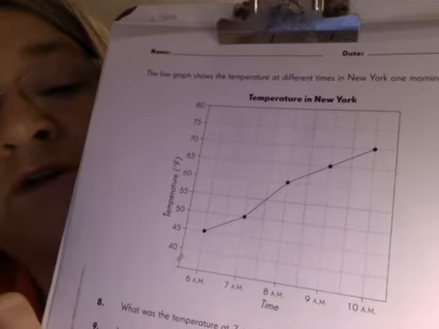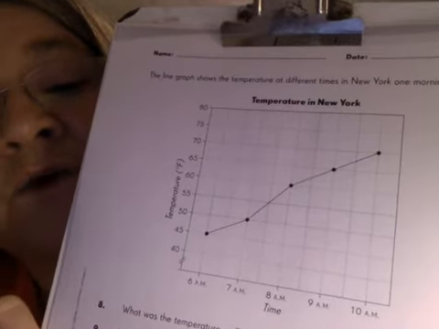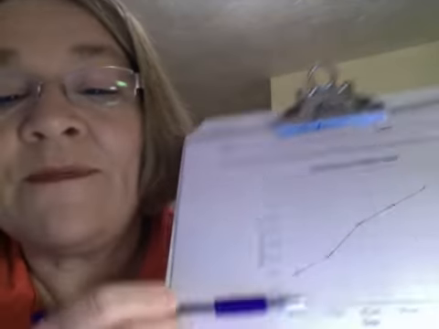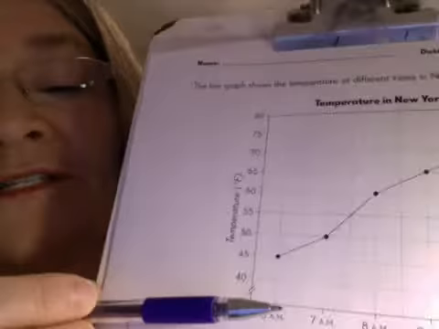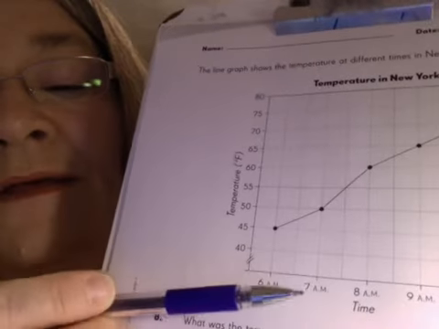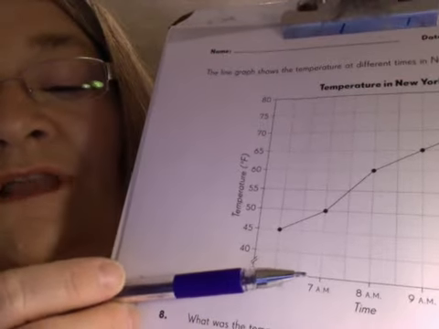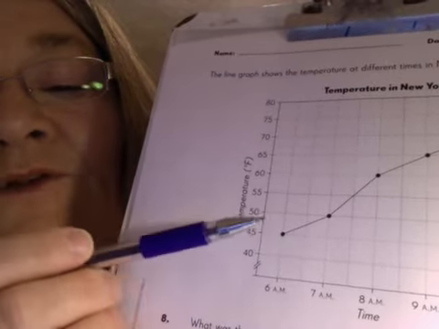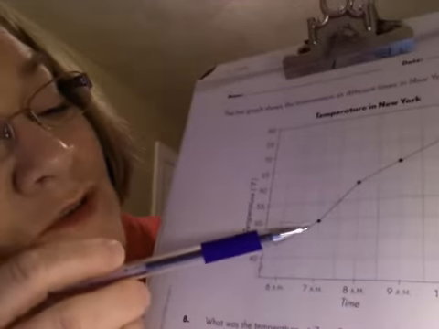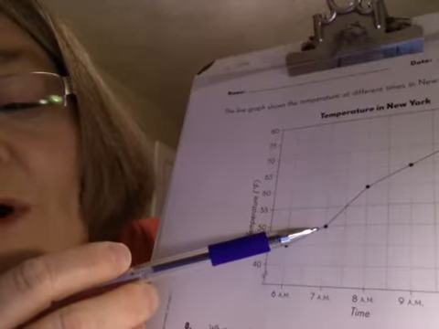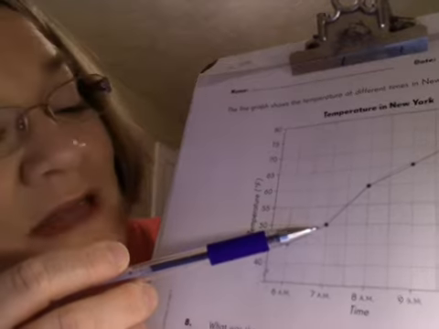Now, all of you are very good at finding what they call coordinates. For instance, if you go to 7 a.m. and then you follow the line up to where it comes to the dot where the data mark is, that was the data they had collected.